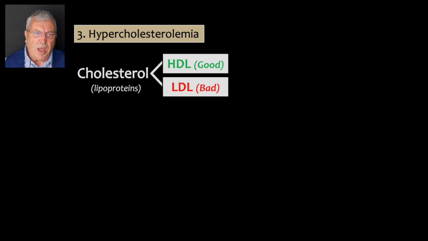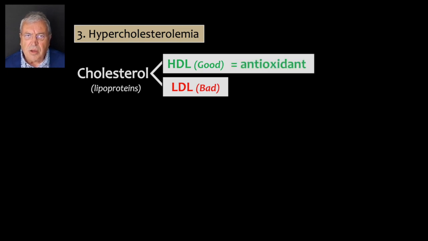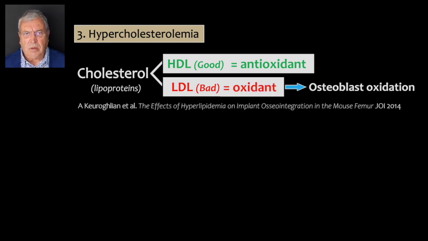We know the cholesterol. We have two kinds of this lipoprotein. We have the HDL, which is good, and the LDL, which is bad. The HDL is good because it's an antioxidant. And the LDL cholesterol is bad because it's an oxidant, making the osteoblast oxidized.